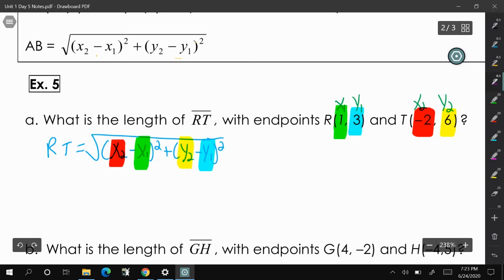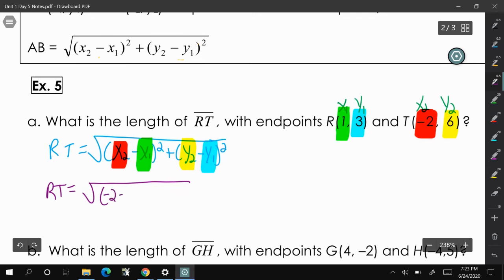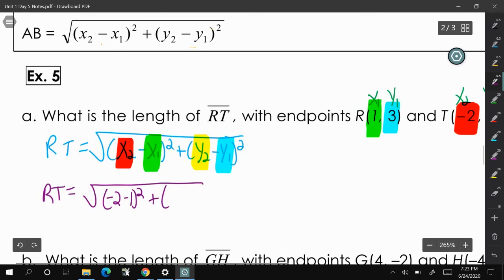So I'm going to make those substitutions. Okay, so we get -2 minus 1 squared plus 6 minus 3 squared.